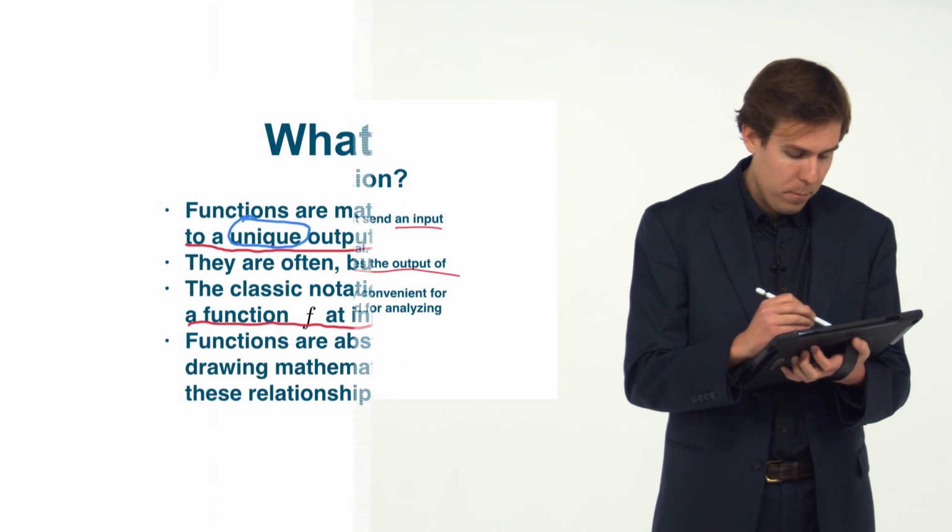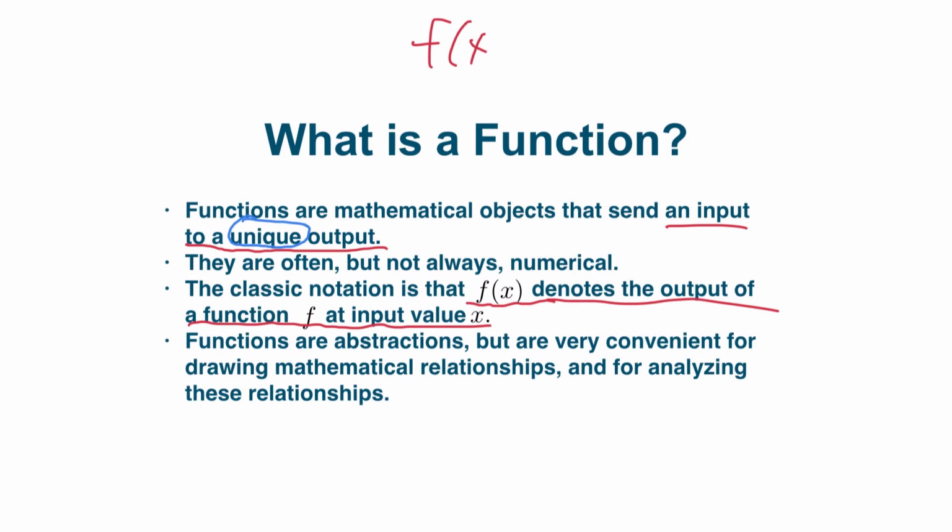For example, a very standard one would be f of x equals x squared plus 7. This says when I input the number 1, output for me the number 8. When I input the number 2, output for me the number, I guess it would be 11. So it's a way of codifying this relationship.